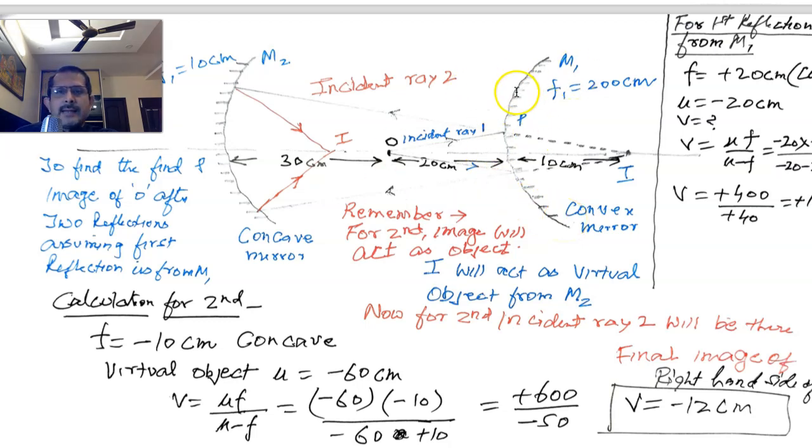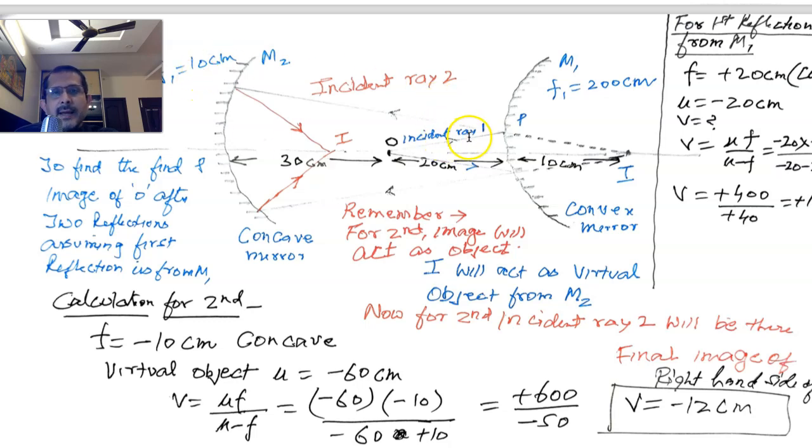Now just forget this for a moment. Now this image would be a virtual object for this concave mirror. What is the distance of this? This is 30, 20 and 10, which is 60. Now whether it will be positive or negative, how do you identify positive or negative?